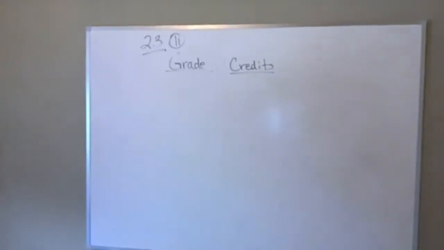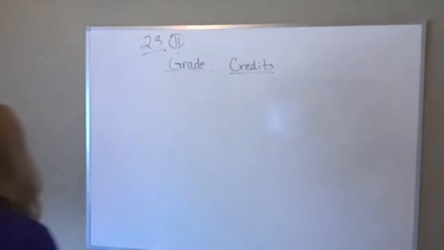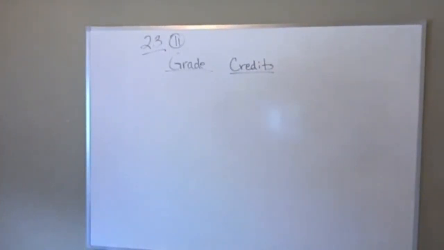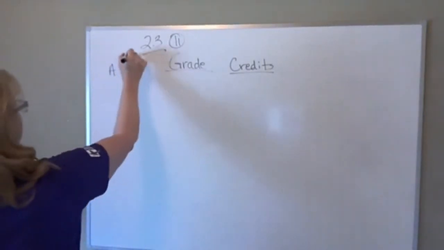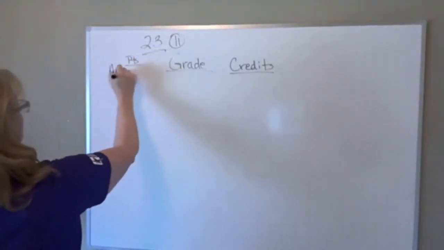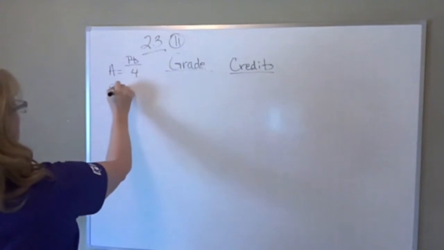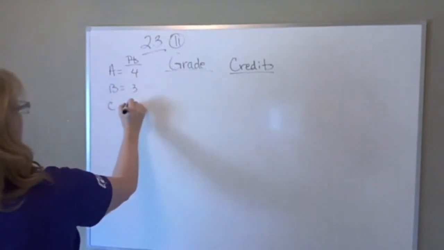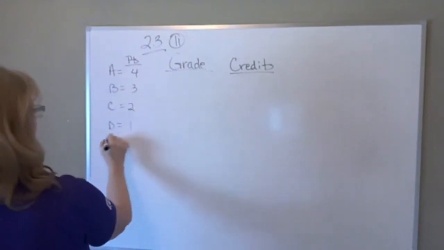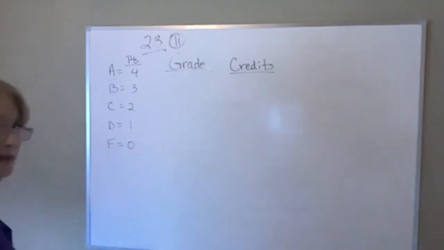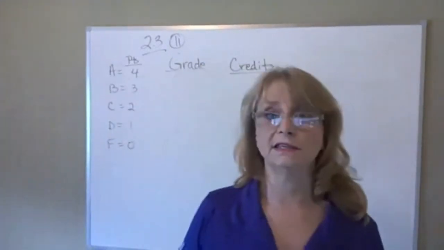So on my question, and yours will be a little bit different, it says a student receives the following grades. And then it tells you an A is worth 4 points, a B is worth 3, a C is worth 2, a D is worth 1, and an F is worth none.